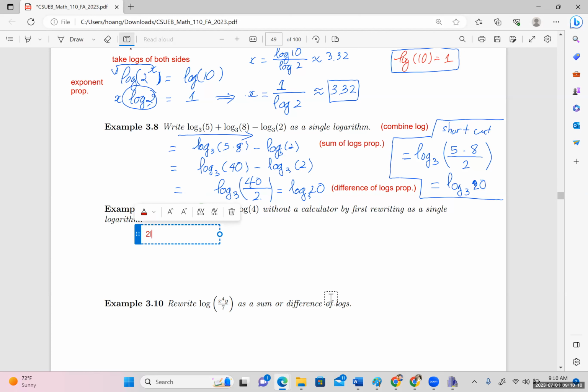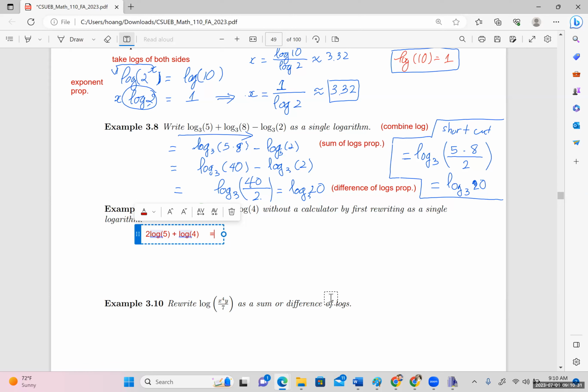I have 2 times log of 5 plus log of 4, right? And they say evaluate it without a calculator, so by rewriting as a single log.